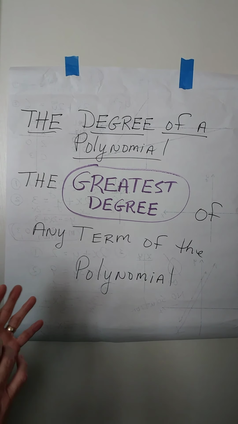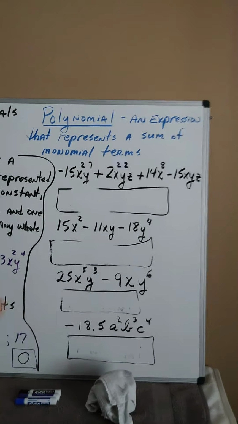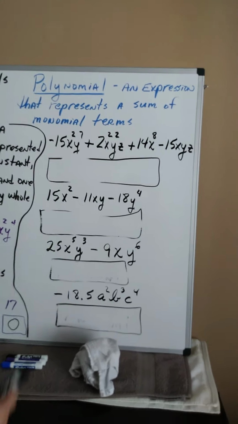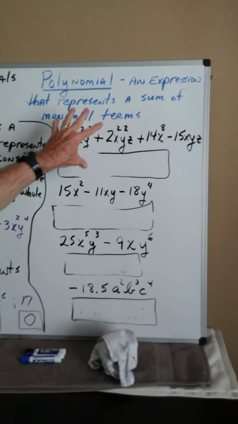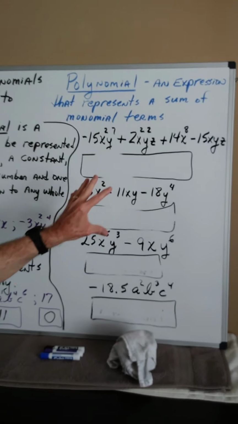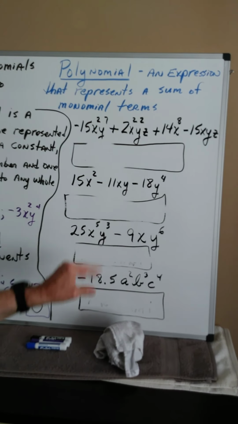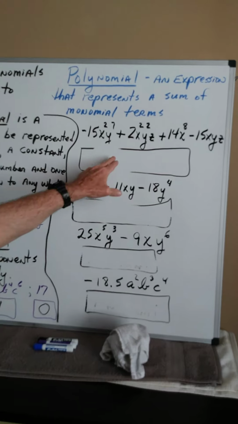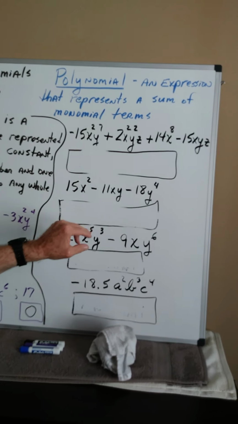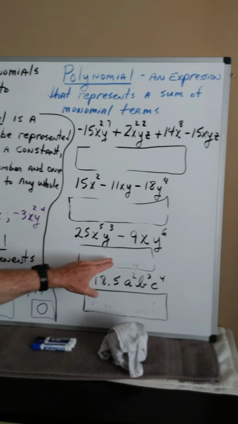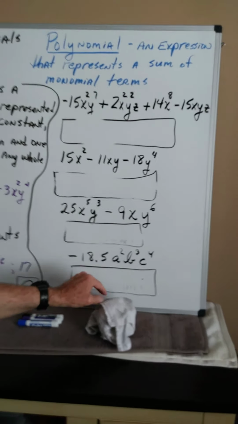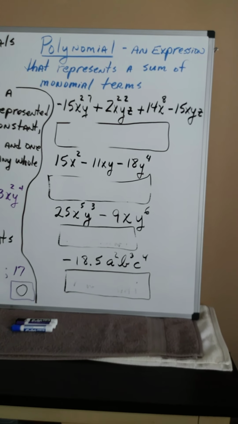Now we're going to pull away from that chart and go back to the examples we already looked at when we were classifying polynomials. I had polynomial here for this one, trinomial for him, binomial for him, and monomial for him.